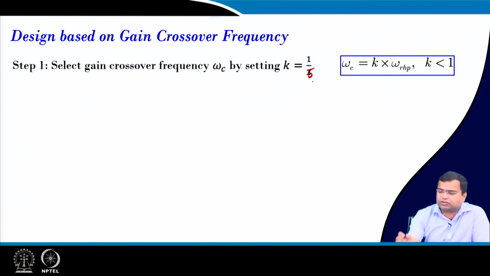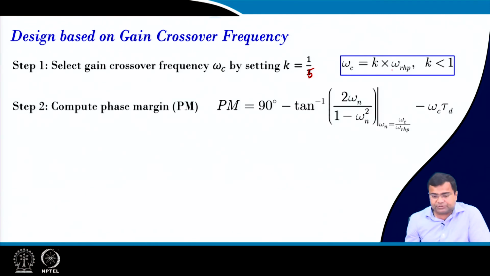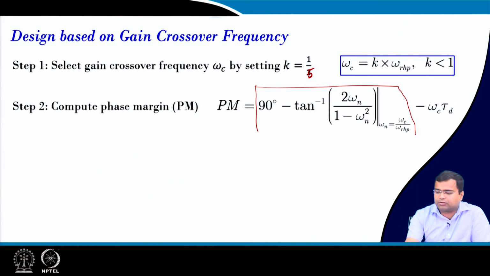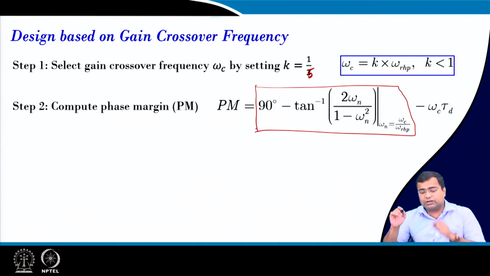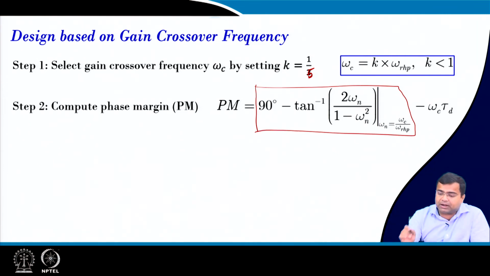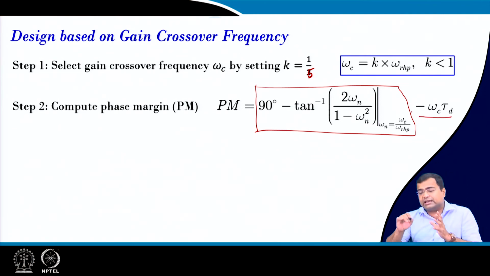So we set the gain crossover frequency at 1/5 of the RHP zero, then you can compute the phase margin. This phase margin computation we know from the analog voltage mode control in the case of a boost converter, but because of the digital control an additional term will come due to the delay, which is a linear phase.